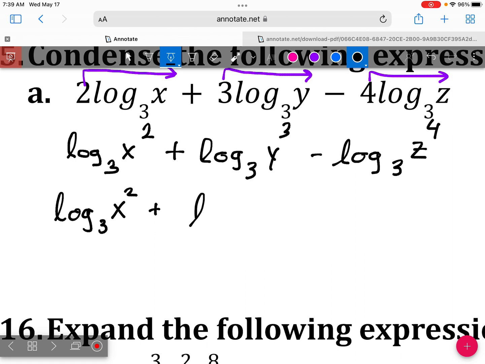So we're just going to have 1 log base 3, and I'm going to take my y cubed, that was then subtracted by z to the 4th. So subtraction becomes division.